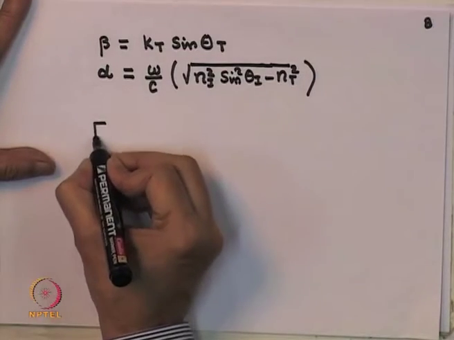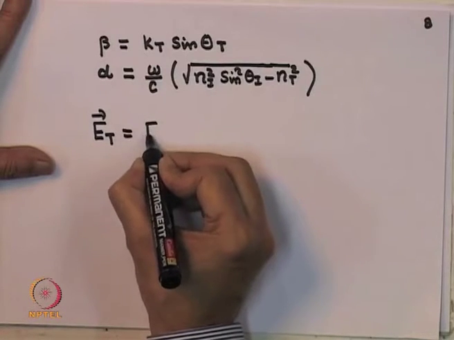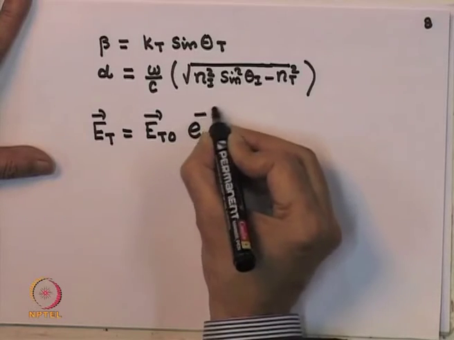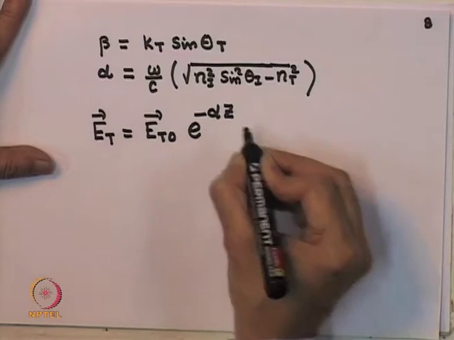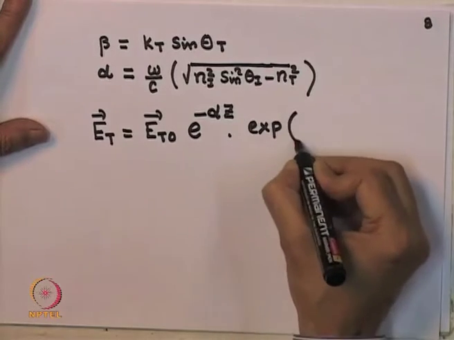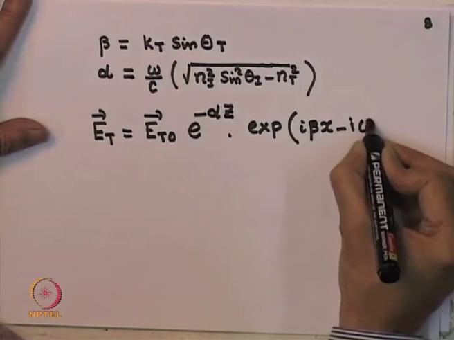So, the E t vector becomes equal to E t 0 times e to the power minus alpha z times exponential I beta x minus I omega t.